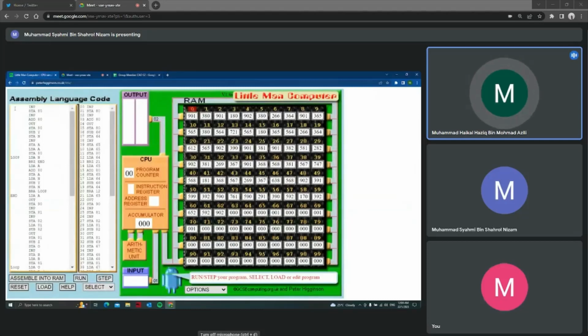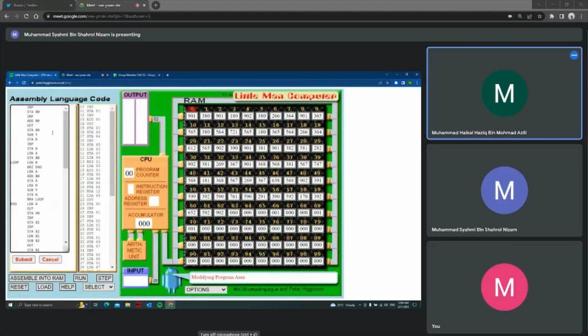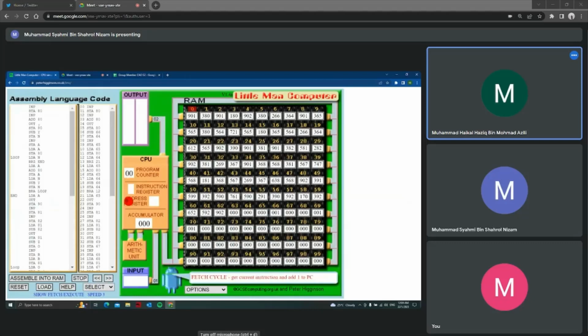So this is our coding. At the first, we put our input A, and then we store it at address 80.